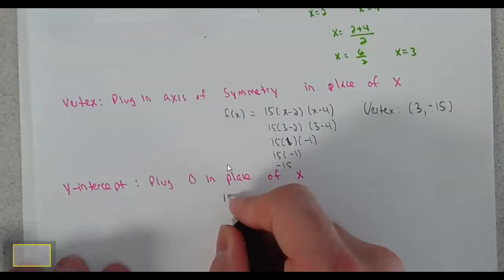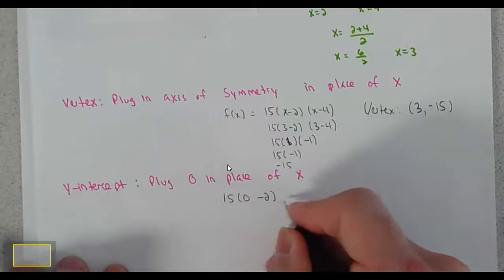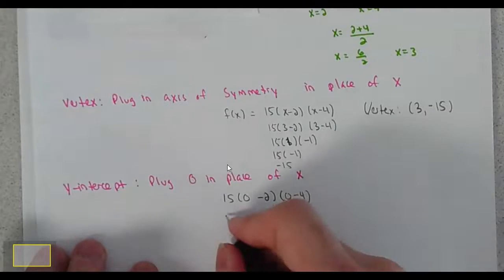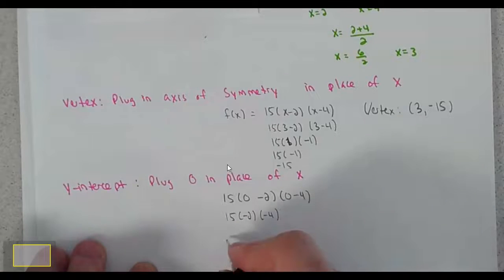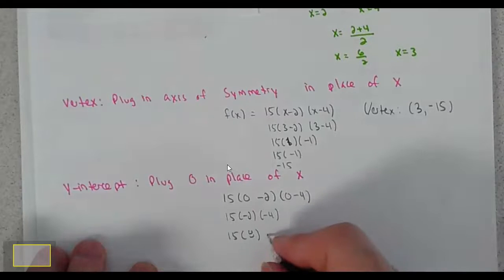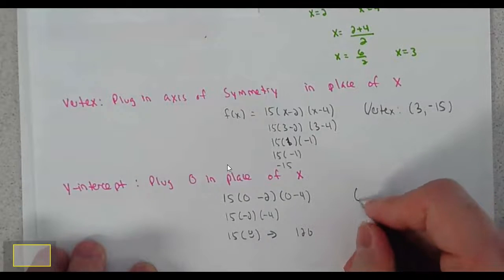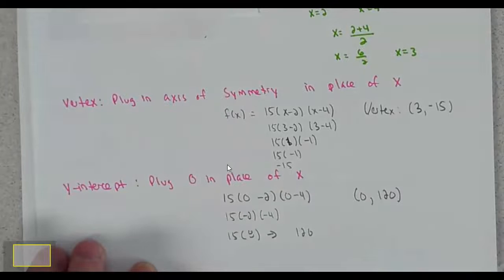So I'm going to take 15 times 0 minus 2 times 0 minus 4. So I got 15 times negative 2 times negative 4, so it's 15 times 8, which is 120. So my y-intercept is going to be 0, 120.